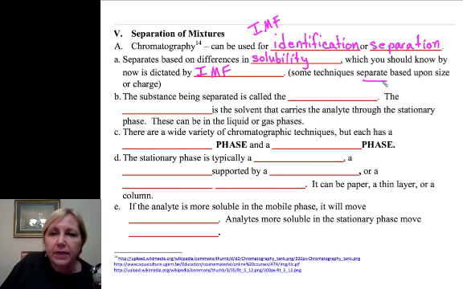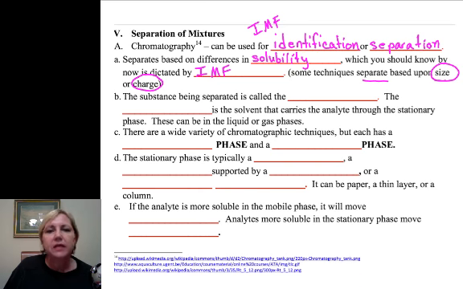Some techniques separate by size exclusion, or they can be charge exchange techniques. The column in the back of the classroom where I make my deionized water is an ion exchange column. As the water goes through that column, it pulls out the ions from the water so that the water would be pure.